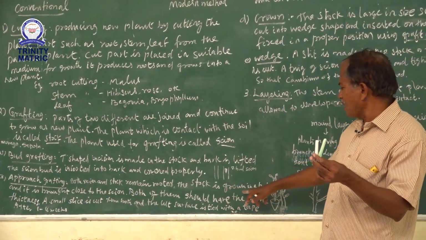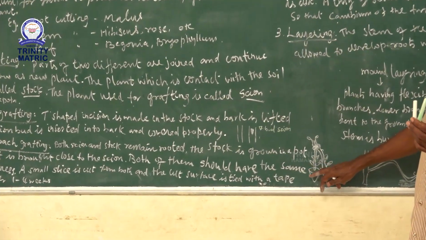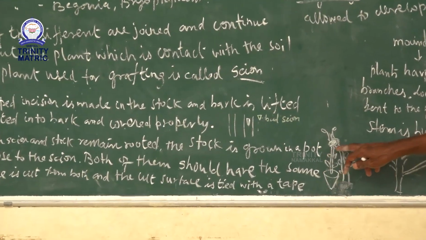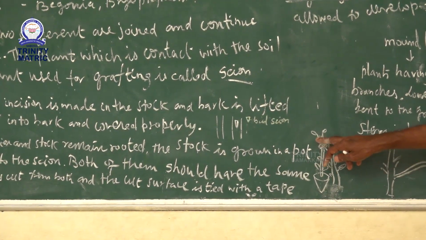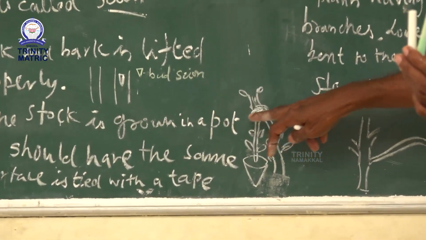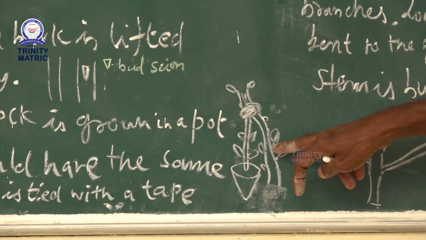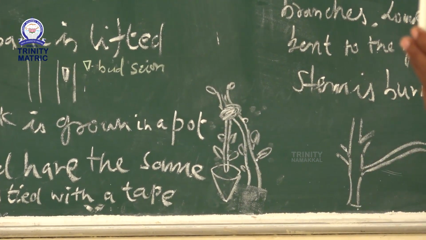The stock is grown in a pot and brought close to the scion. Both are rooted and joined together. Both of them should have the same thickness, so the stems of the stock and scion have the same thickness.